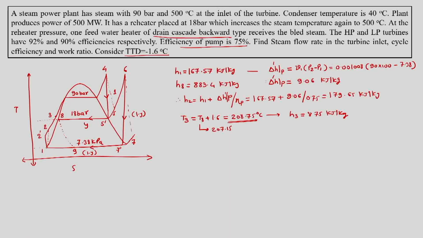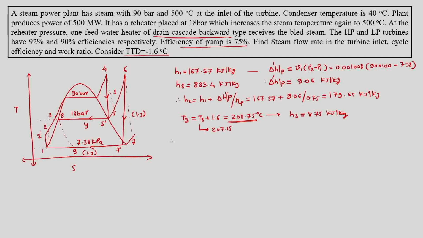We can as well find out this enthalpy from liquid tables, and then these enthalpies would almost be similar. So now we have H4, which is this, and we know it is 500 degrees Celsius. So H4 is equal to 3386.1.